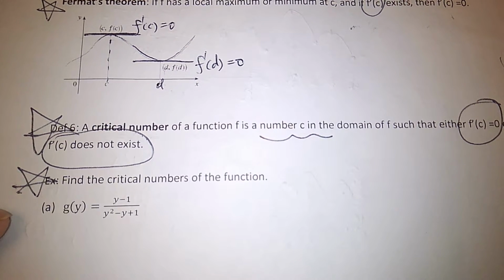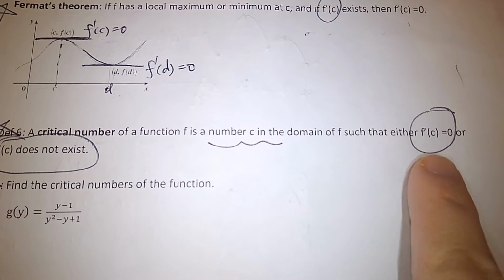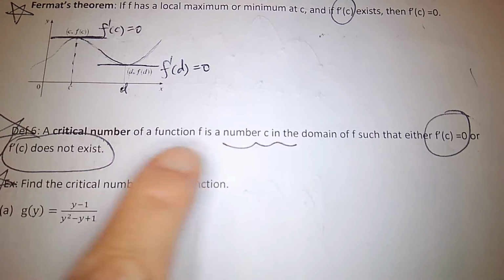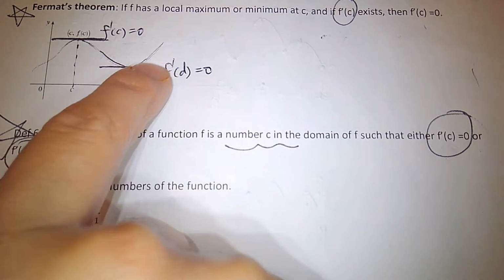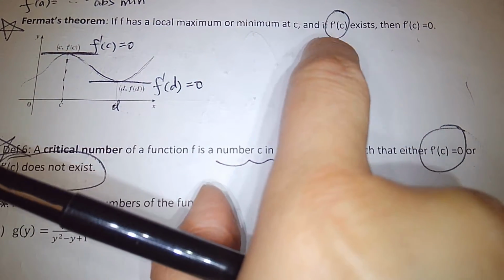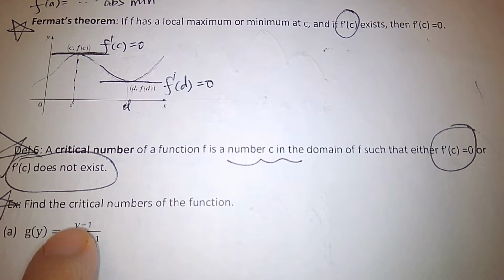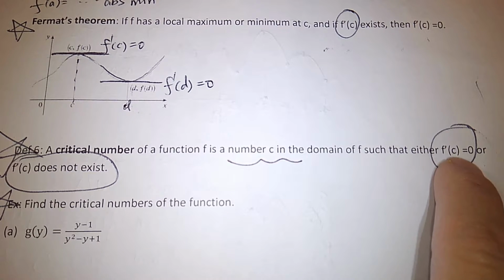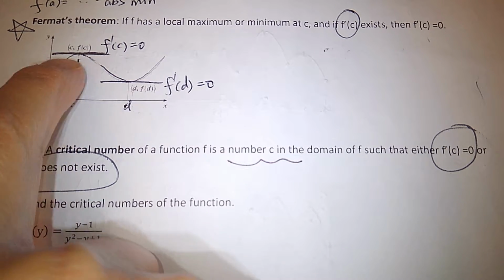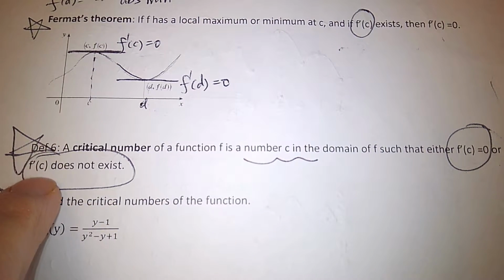Why do we want to find the critical numbers? Because critical numbers give us what? Once we find the critical number c, we know the graph will have either a local minimum or a local maximum, right? Because when we have a local maximum or local minimum, the derivative of f at c equals 0. So reversely, if we can find the critical number of the function, we know that when x equals c, either the derivative equals 0, which gives us a local maximum or local minimum, or the derivative at c does not exist.